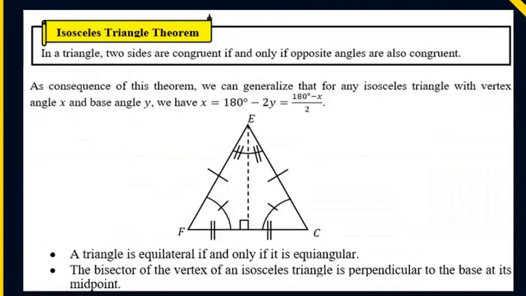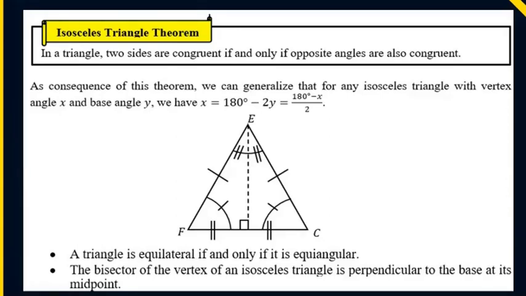In a triangle, two sides are congruent if and only if the opposite angles are also congruent. As a consequence of this theorem, we can generalize that for any isosceles triangle with vertex angle X and base angle Y, we have X equals 180 degrees minus 2Y, and Y equals 180 degrees minus X all over 2.